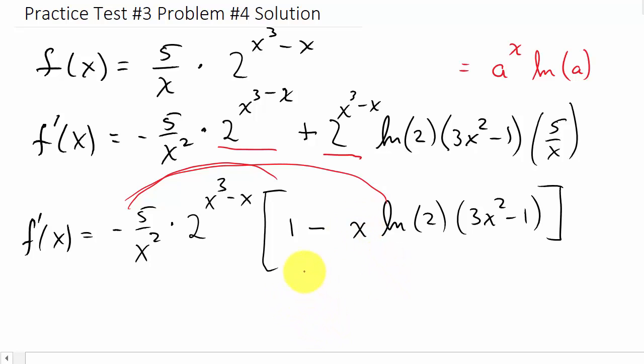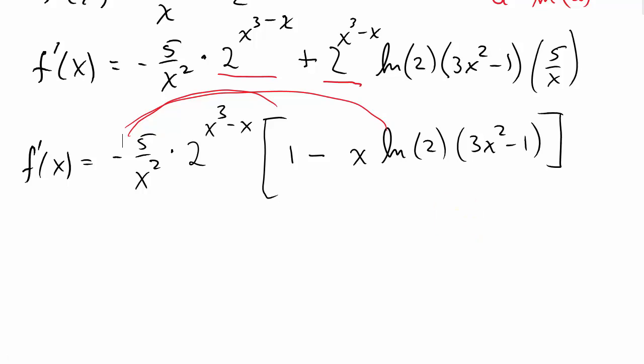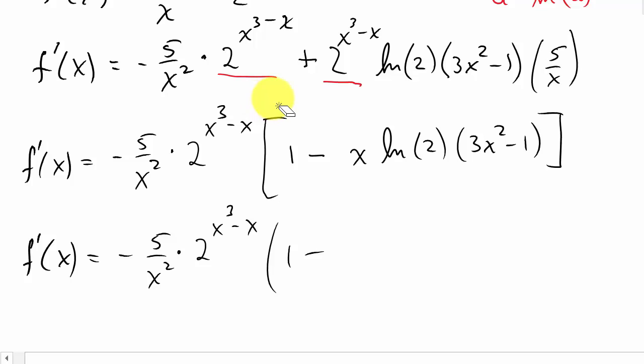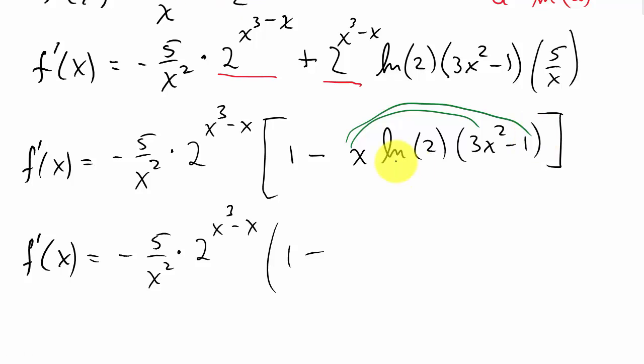Okay, and so, I mean, I guess we could leave it like this, or if we wanted to, we could actually do this: times 2 to the x cubed minus x times 1 minus, and then I guess if we wanted to, we could take this x and distribute it to each term there, or you could leave it out.